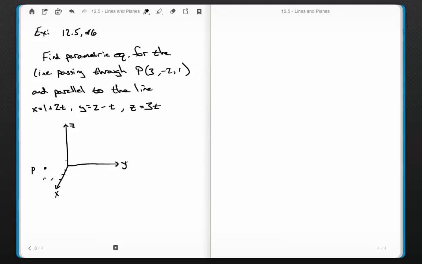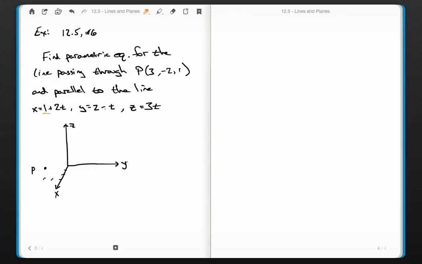Now we also have some line: 1 plus 2t, 2 minus t, z equals 3t. This is the parameterization of some line. But if we look at this, I'm going to underline it in orange, kind of like a caution.